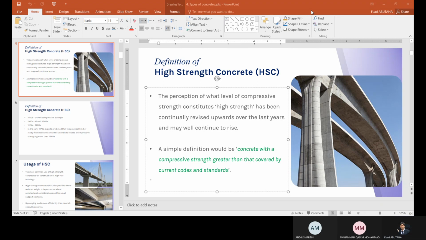Okay, so as time moves on, you need to understand all the factors and how they affect the engineering properties of the concrete: how the water contents can affect the workability and the strength of concrete, and how the particle size of aggregate can affect the durability, the workability, and the strength of concrete.